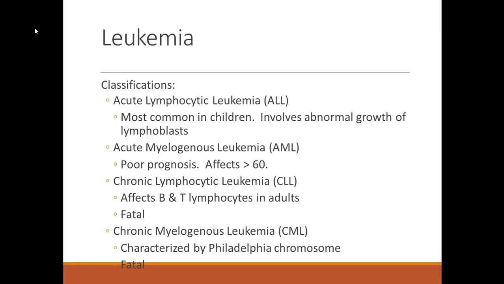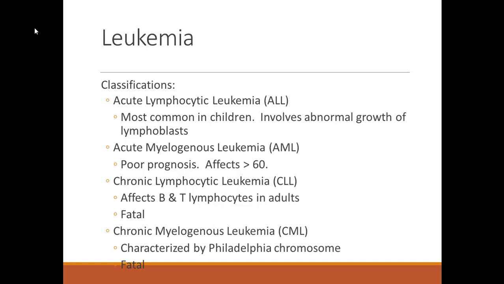The next type is called acute myelogenous leukemia. This has a very poor prognosis. Generally, it affects people over the age of 60. Symptoms of AML may be like flu-like symptoms. They're going to see weight loss, fatigue, fever, night sweats, loss of appetite.